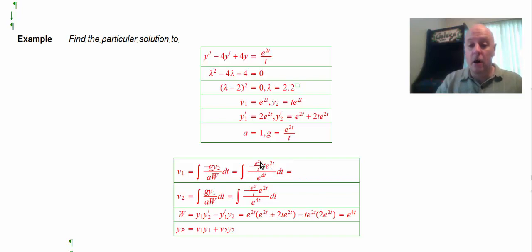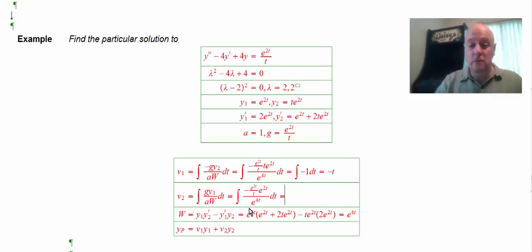But let's take a look. On the top, the t's cancel, and I get an e to the 4t divided by e to the 4t, this with a minus sign. The v1 simplifies to integrating minus 1 with respect to t, so that's just minus t.